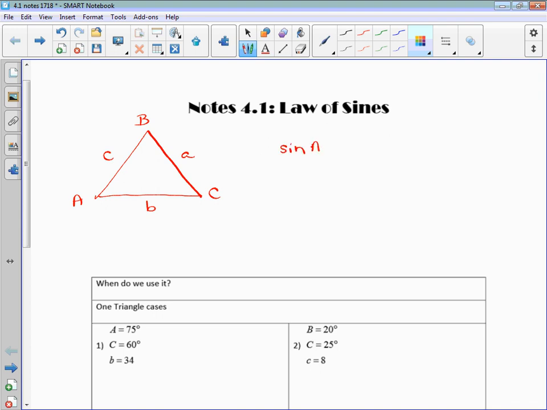The sine of angle A over little a is equal to the sine of angle B over little b, which is equal to the sine of angle C over little c. Not too complicated, right? Okay.